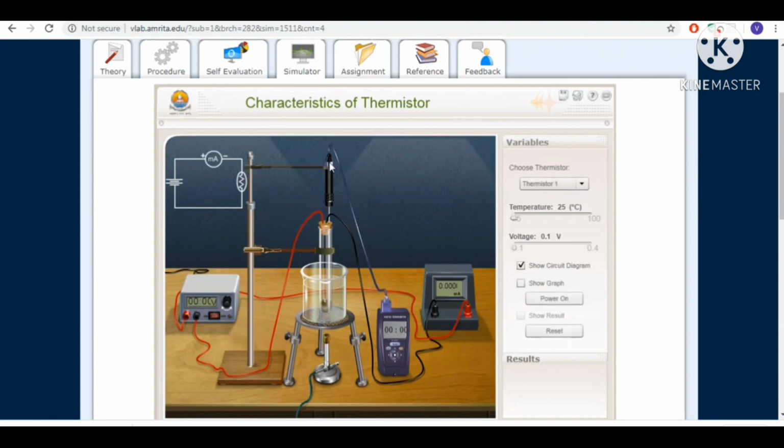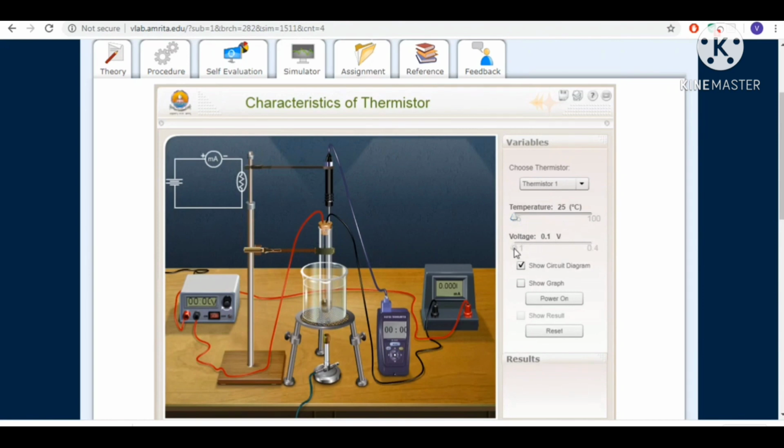Now we set the parameters; the parameters for thermistor are given here. I will choose the first one, and its temperature range is 25 degrees Celsius to 100 degrees Celsius. It means you can vary the temperature between this limit.